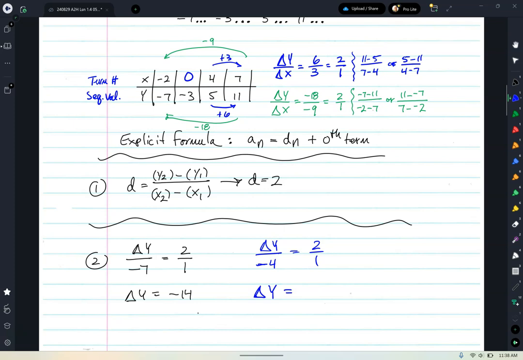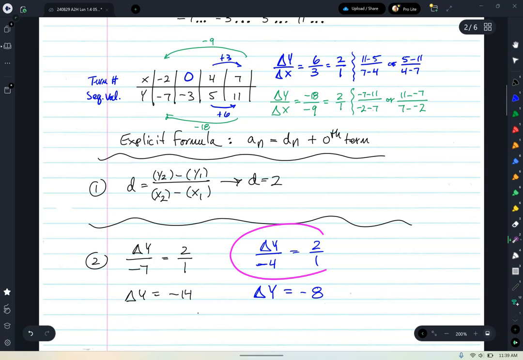We'd have to take 8 steps down. Let's start at 5 and take 8 steps down. Where do you end up? Negative 3 again, right?